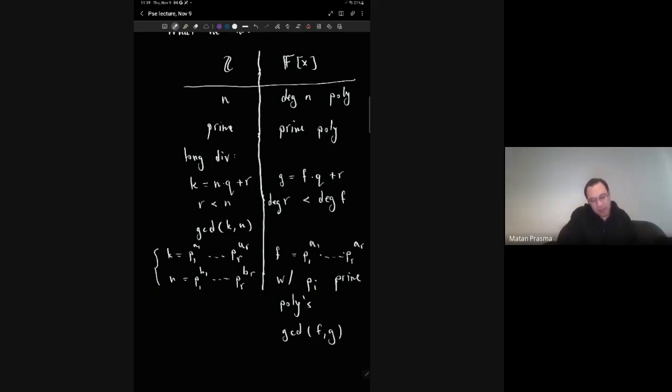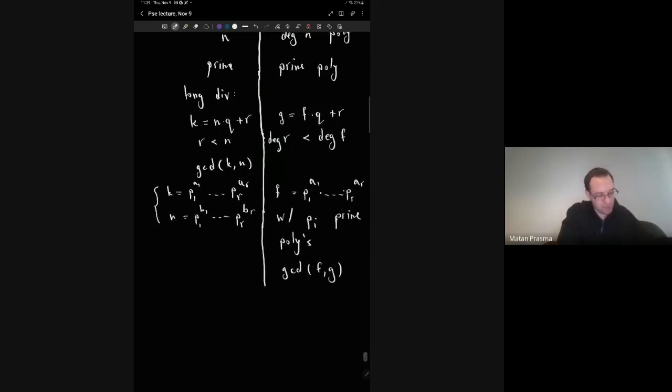Of course, if f and g are not monic, the GCD is almost unique. It's unique up to multiplication by a constant, by an invertible element in the field. So these are basically corollaries of the fact that I can do long division.